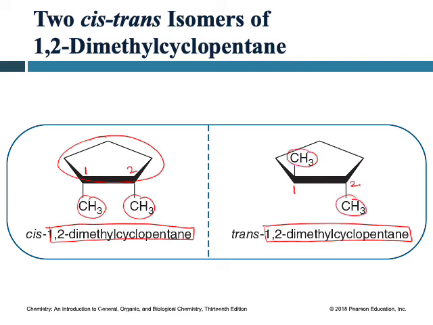But what's the difference between the two structures? In the first structure, both the substituents are below the plane, on the same side. That's why we call it cis, because both are on the bottom. In the other structure, both the substituents are on opposite sides. You see, if this is the line, one is below the plane and another substituent is above the plane.